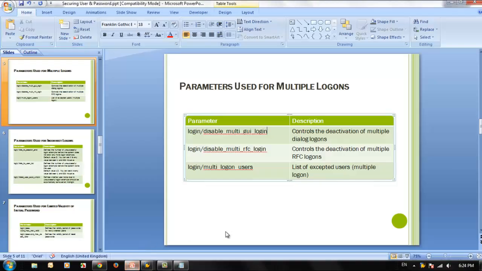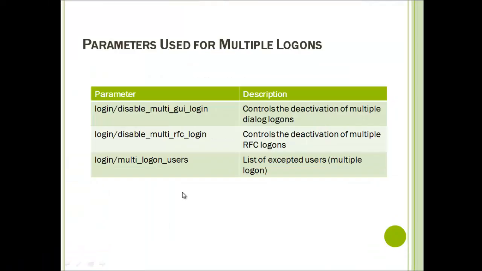Let's go back to our presentation. Okay, the second parameter, as we saw in the previous one, is disable multiple RFC logon. This controls the deactivation of multiple RFC logons. Let's say your system is a highly sensitive system, and you don't want RFC logons from a different system or from multiple terminals, then we can enable this.